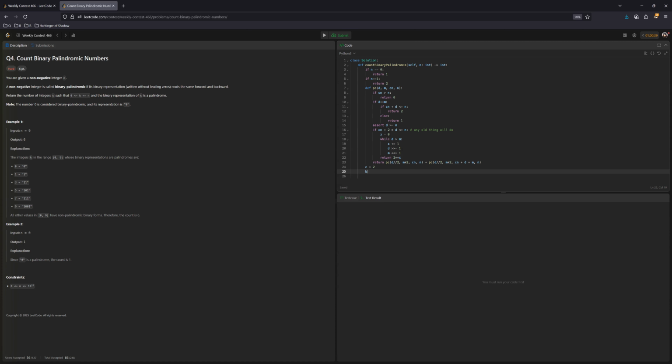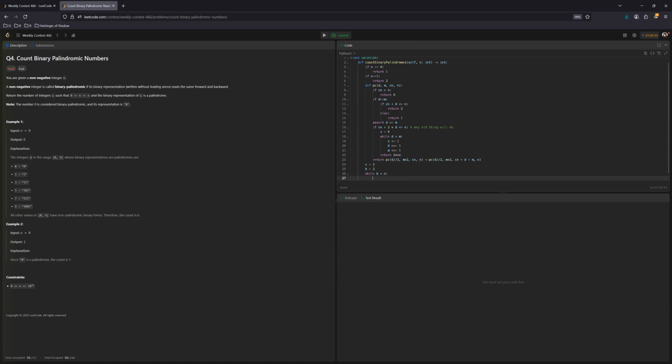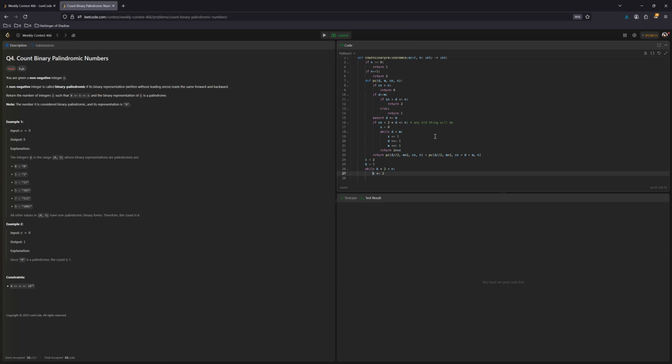So for b, let's say b equals 2. So while b is lesser than n, while b times 2 is lesser than n.